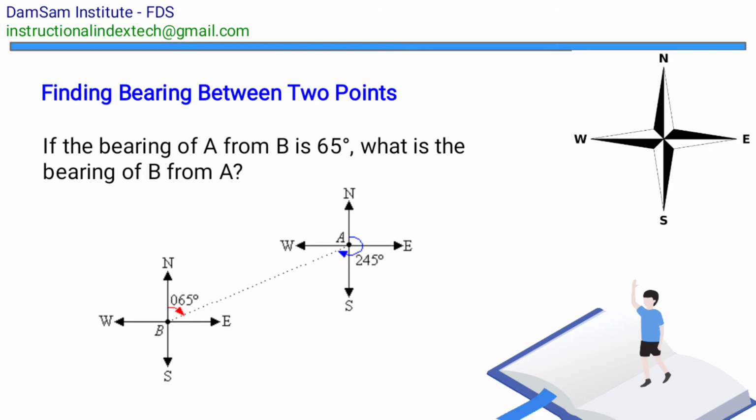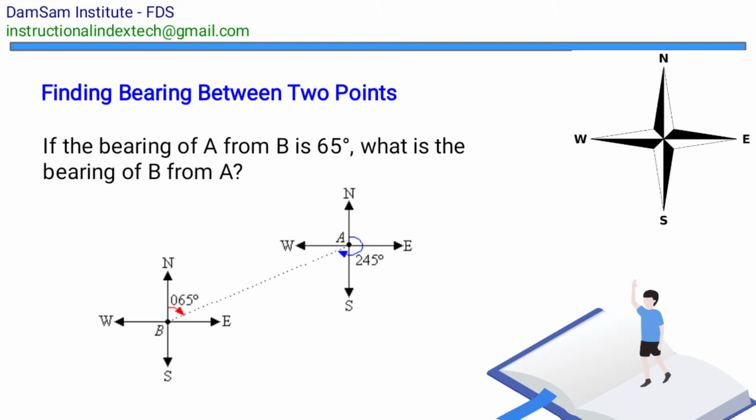We check to know what that angle is. And how do we easily simplify to find out what that angle is? Once we have seen that 65 degrees is what we have at point B, we can easily look at its corresponding angle at point A, and the corresponding angle at point A will be the excess part after we have drawn from the north coming straight to the south to form 180 degrees, and the excess part of it to meet that straight line coming from point B is corresponding to 65 degrees, meaning that they are equal.